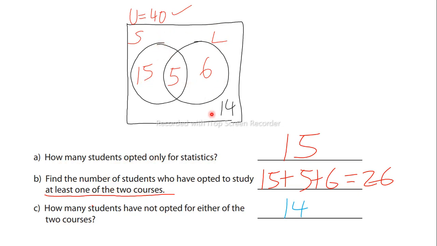This diagram tells us in a snapshot: 14 people outside, 5 in between, 15 on one only, this one on the next only, and 40 altogether. This is just a wonderful image. It's just so small, yet so powerful.